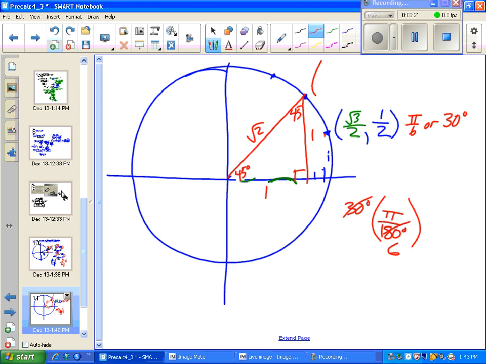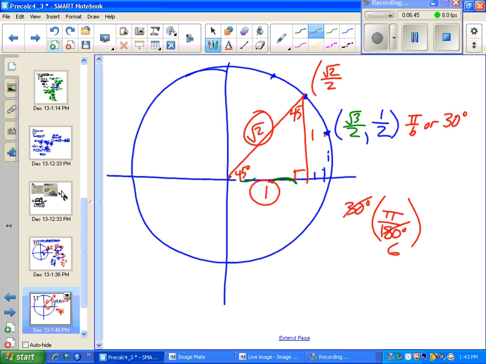So the cosine of 45 degrees, adjacent over hypotenuse, is 1 over root 2, which you really ought to rationalize. Root 2 over 2, right? When I rationalize 1 over root 2, it's root 2 over 2, you see that?